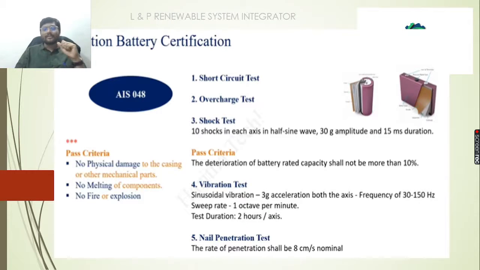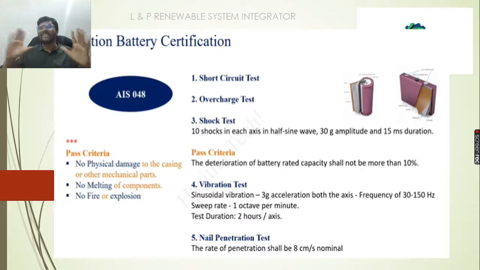Even vibration tests they will do for these batteries. They will create a sinusoidal vibration with a frequency of 30 to 150 hertz, and they will do a sweep rate test, for 2 hours per axis. And they will also do the nail penetration test for the batteries at up to 8 centimeters per second.